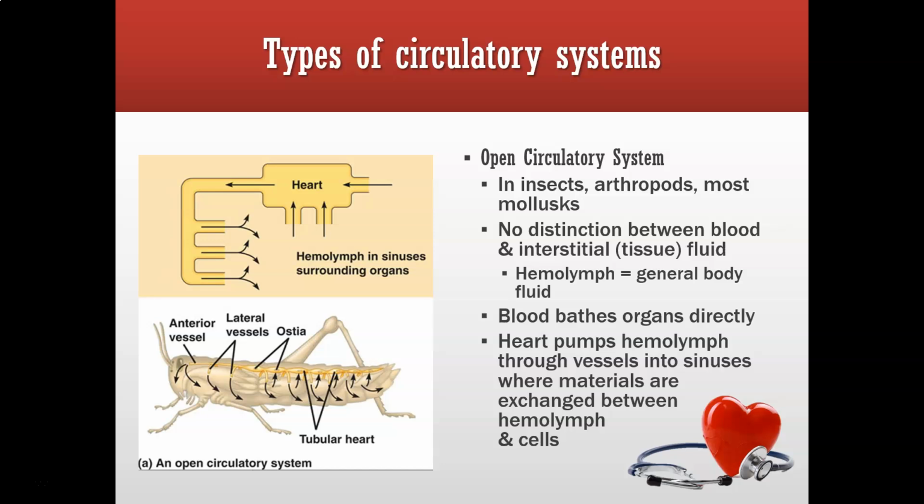So realistically, at least for our purposes, you can think of that interstitial or tissue fluid like the plasma of your blood, right? And if you know anything about your blood, it's your plasma, which is basically the liquid part, and then you have what they call formed elements. So your red blood cells, your white blood cells, your platelets.